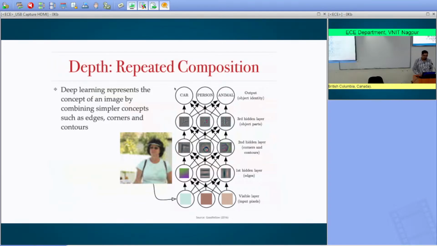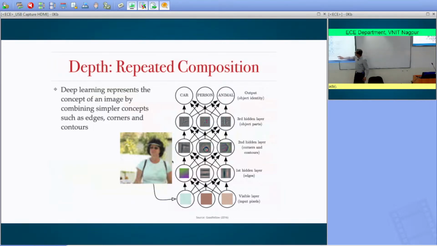What you have here is some sort of a neural network, perhaps a convolutional neural network, and the goal of this neural network is to take images and identify them as those with cars, persons, or animals. Okay, so that's the classification problem. And each of the layers in the neural network has a certain role to play.